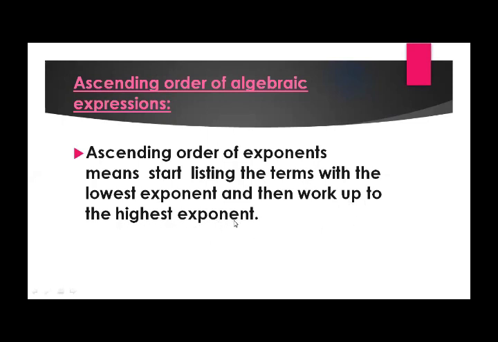Whenever we want to give an order to the algebraic expression, we will see what type of algebraic terms are given. We will find which term has the lowest exponent. We will write that term first and then work up to the highest exponent. In this way, we will arrange our polynomial in ascending order.